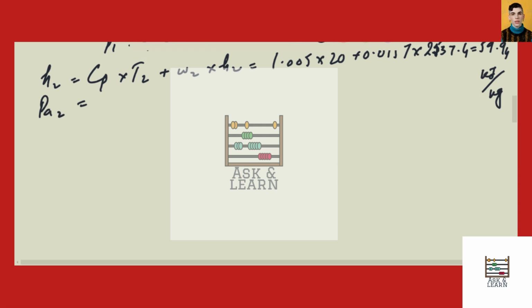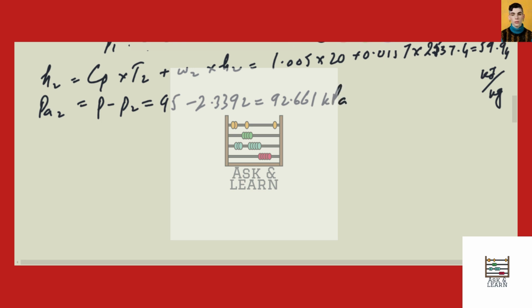So guys, moving further, PA2 can be calculated as P minus PV2, and that is equal to 95 minus 2.3392, which is equal to 92.661 kilopascal.